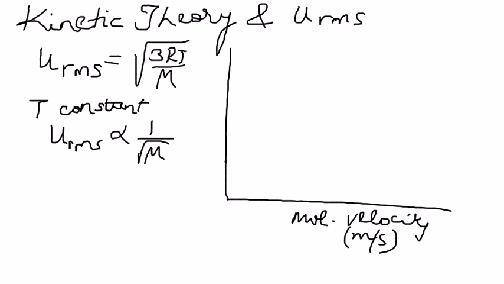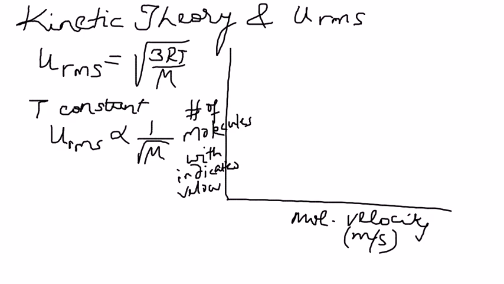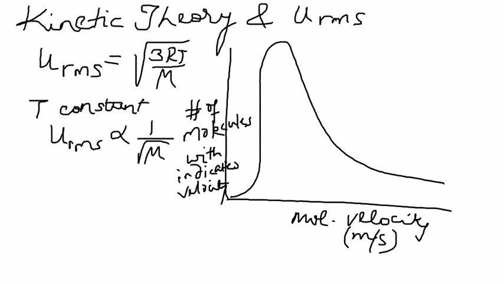And on the y-axis I have the number of molecules with the indicated velocity. Suppose I give you two curves, maybe something like that, and I have another one which looks kind of like that.